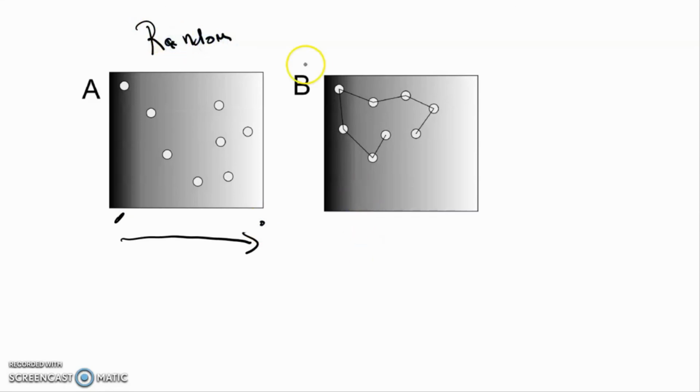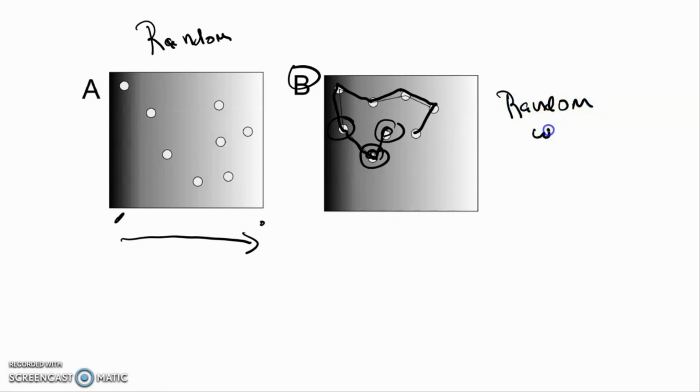In contrast, in panel B, we've got the same field, but now we're going to go on a random walk. And as a consequence of going on the random walk, the value that you get right here is partly dependent on what you saw here, and the value you get here is partly dependent on this value, which in turn is partly dependent on the previous one. So you can see that with a random walk, the samples are going to tend to be autocorrelated.